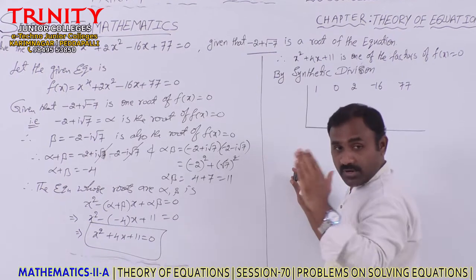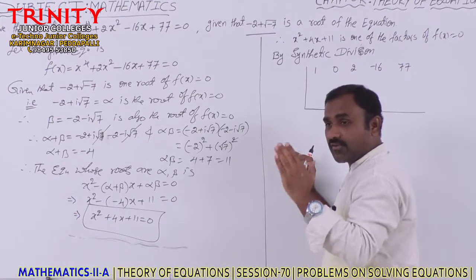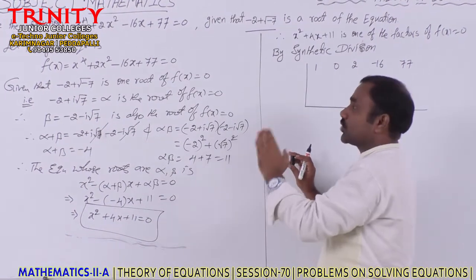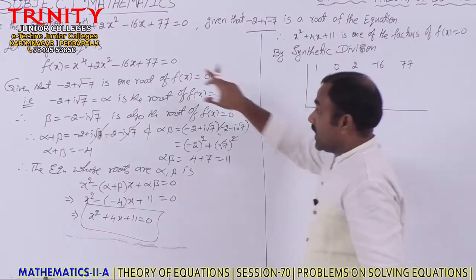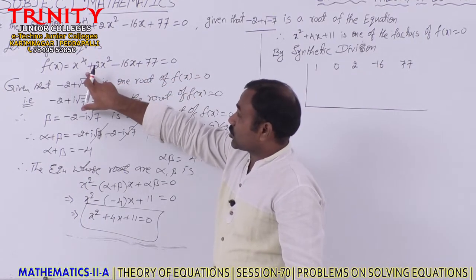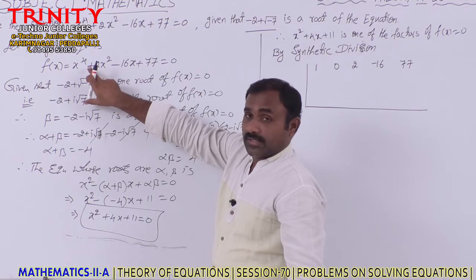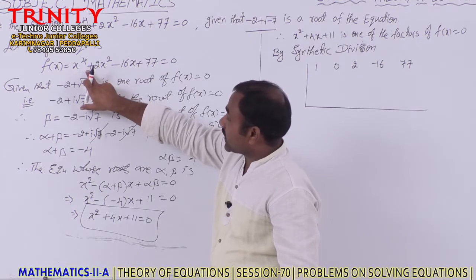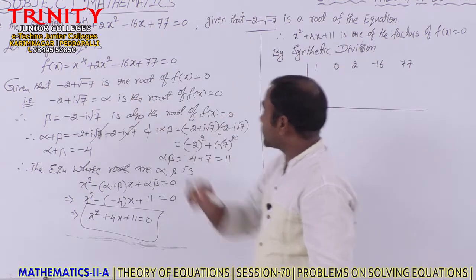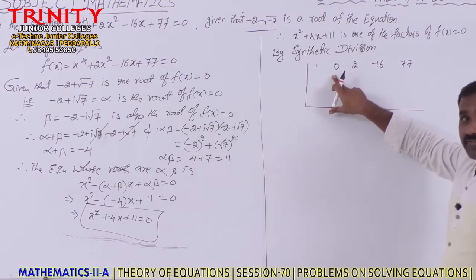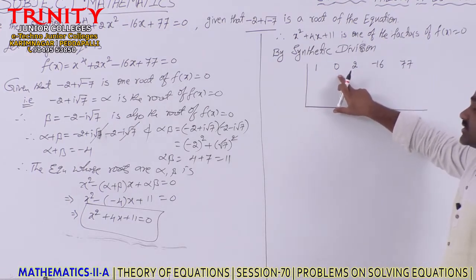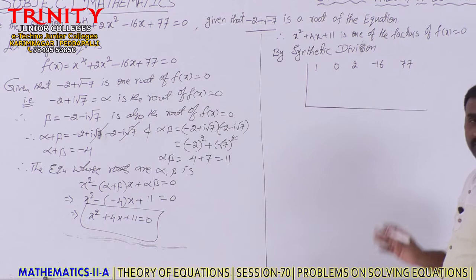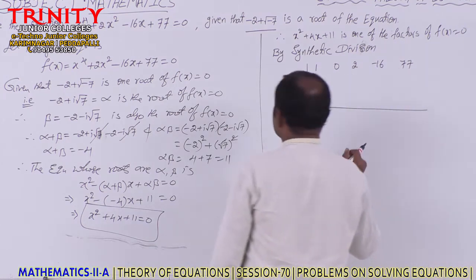If any power is missing in the given polynomial, we have to take that coefficient as 0. Here the x cube term does not appear, so we take its coefficient as 0. If we forget to take the x cube coefficient as 0, then the answer will change and we will get a wrong answer. That is the main thing here.